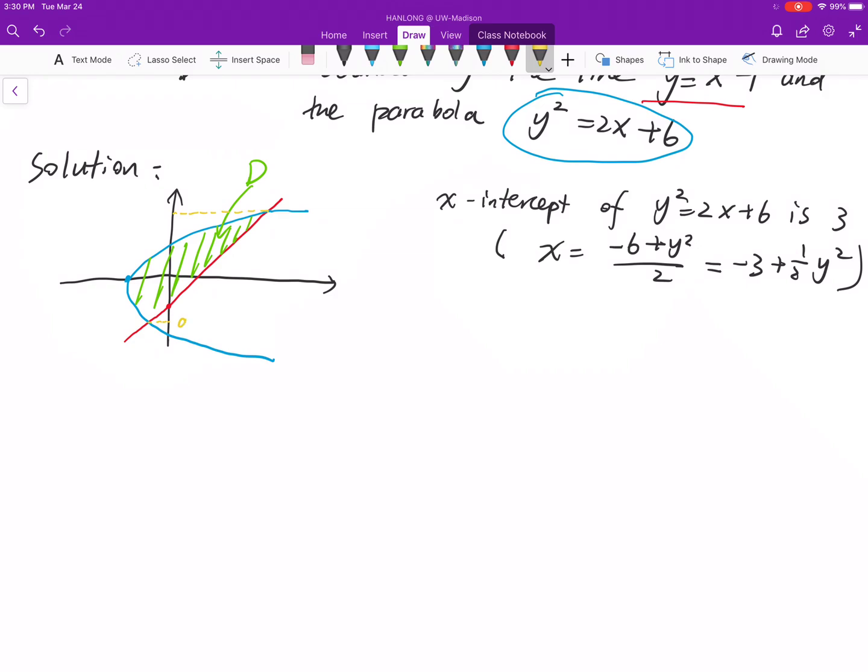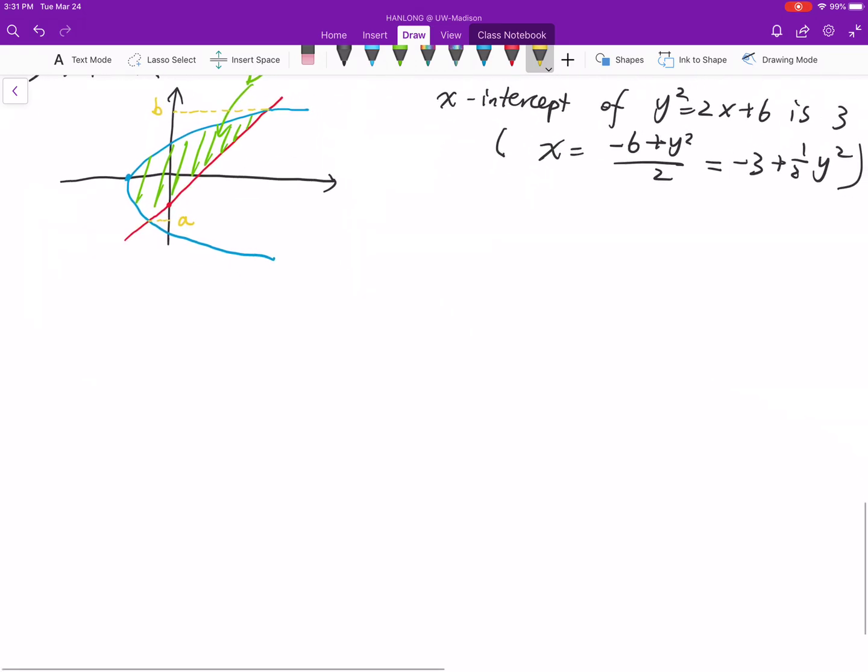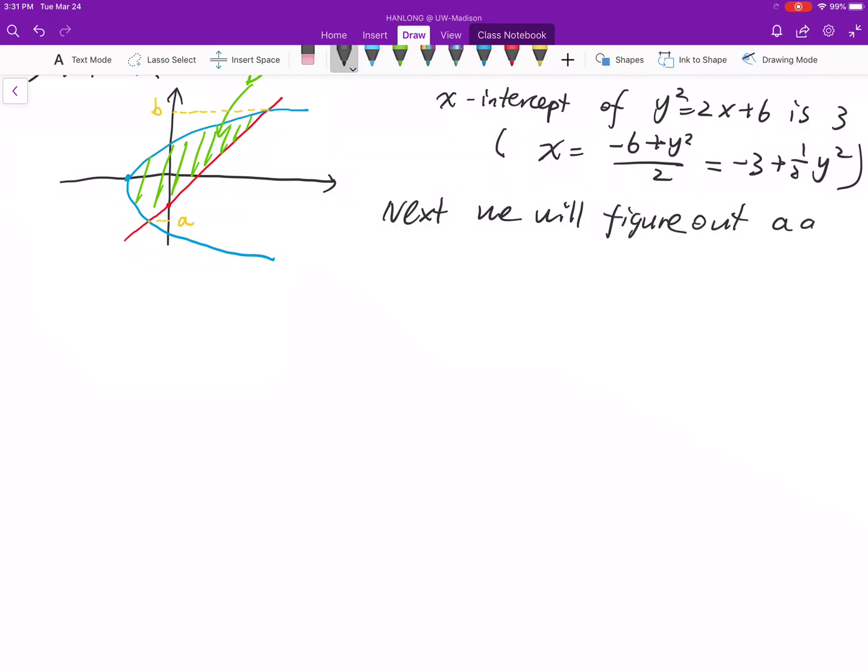This is your A, this is your B. So your variable y will be a free variable between A and B, and then the corresponding x will be between the yellow line and the blue curve. Okay, so next we will figure out A and B.